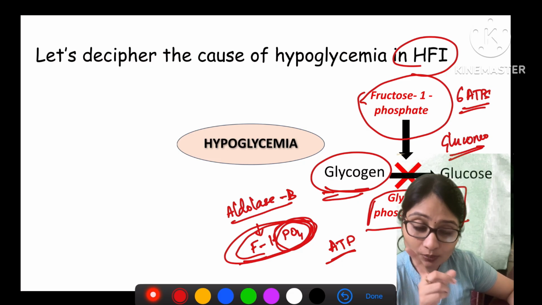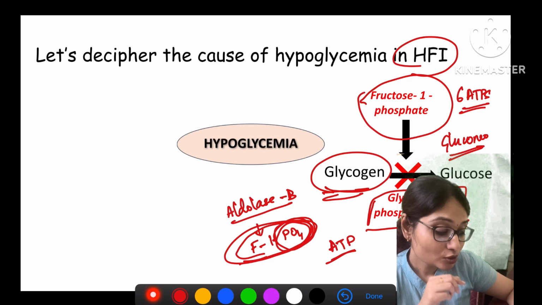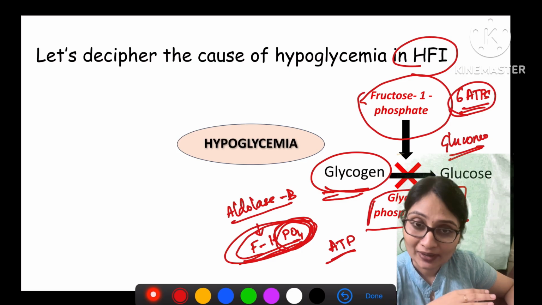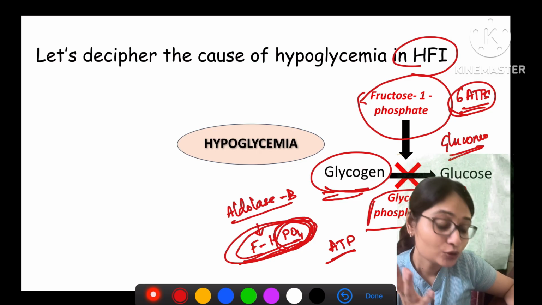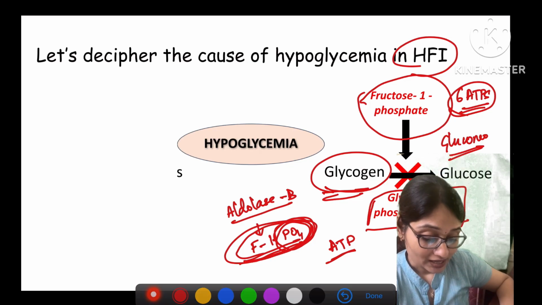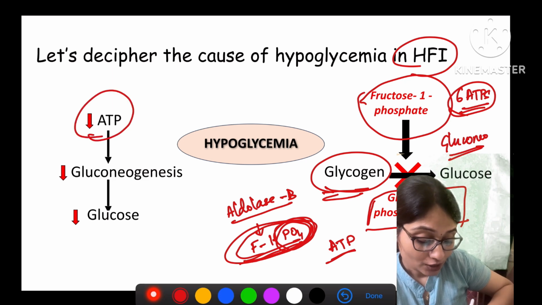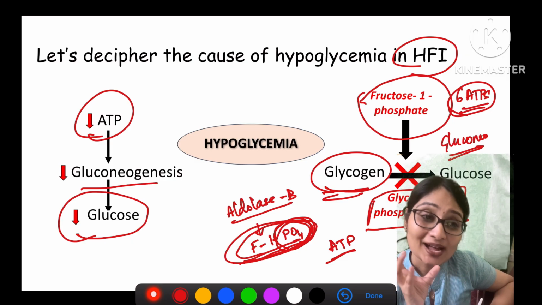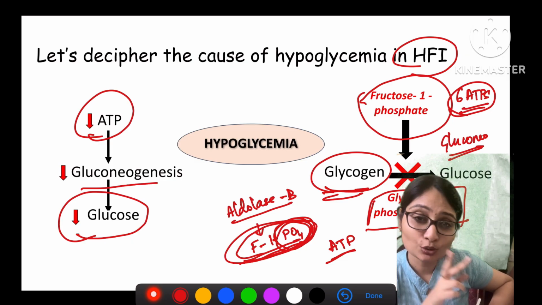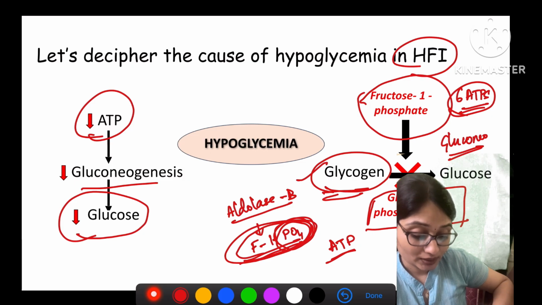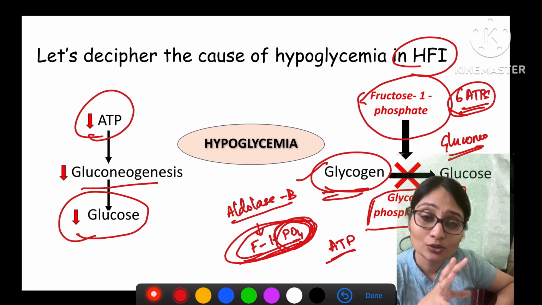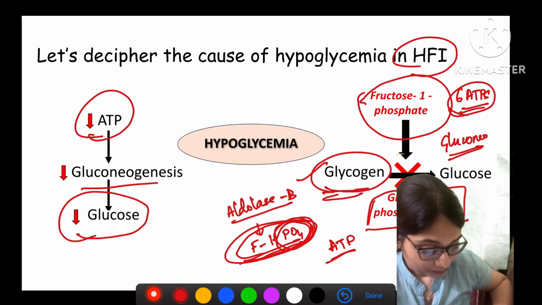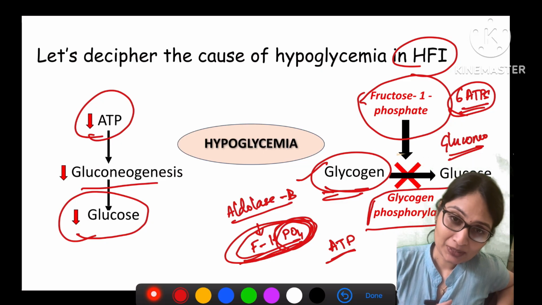Because much of the phosphate is sequestered in the form of fructose 1-phosphate, ATP is not available to drive gluconeogenesis forward, and hence gluconeogenesis does not set in and the baby ends up getting hypoglycemia. So there is accelerated hypoglycemia because both glucose reserves, glycogen and gluconeogenesis, are at fault because of aldolase B deficiency. This is the reason why the baby lands up getting hypoglycemia.